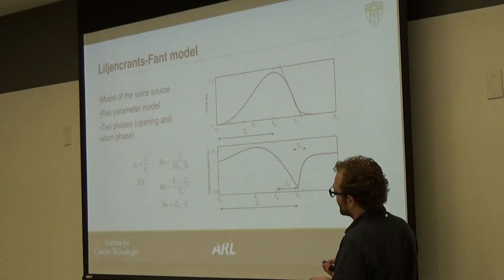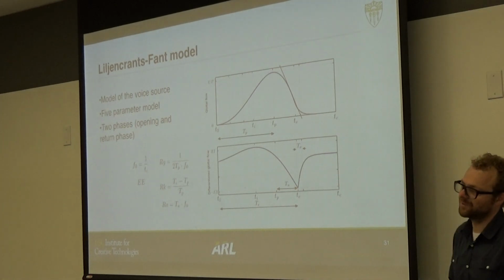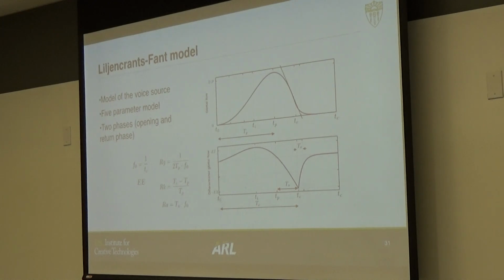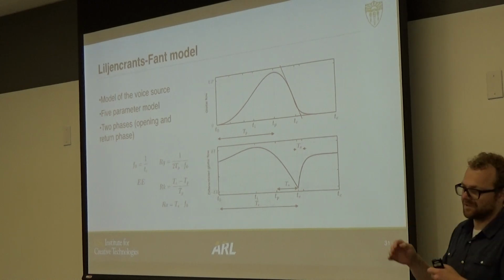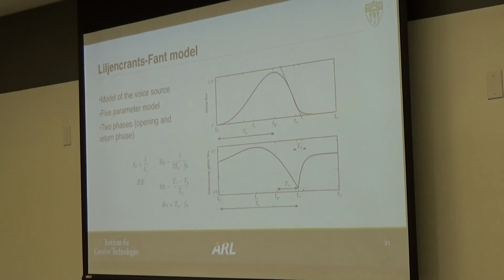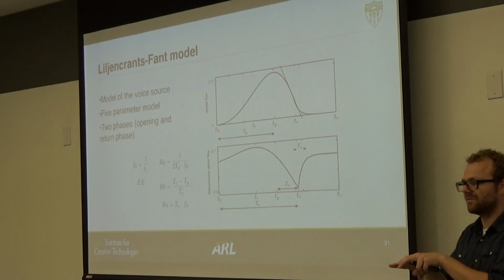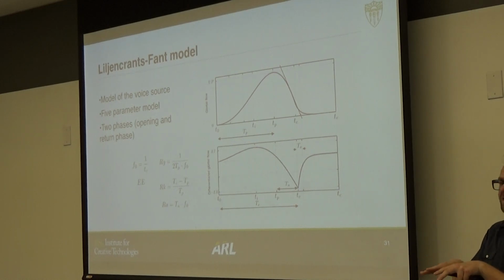You can already see that everything is more or less dependent on the fundamental frequency, because there is a direct correlation between tense voices and high frequencies. It's just because of the physics: if you have a very loose vocal fold, you can't have it vibrate at a very high frequency.